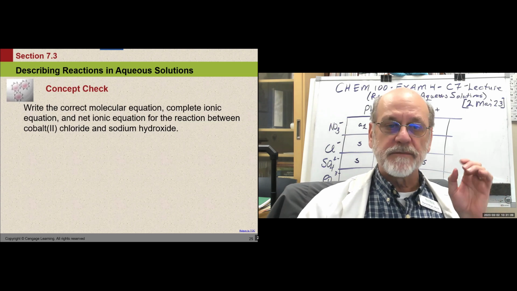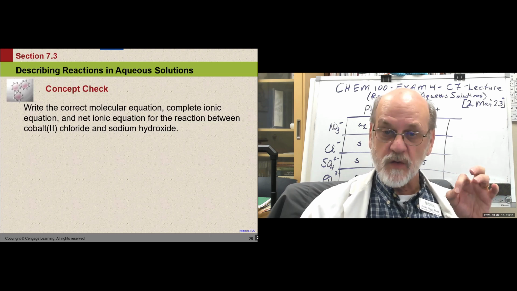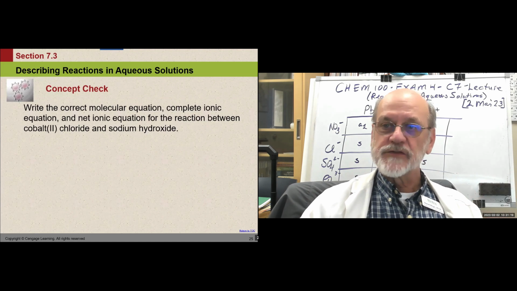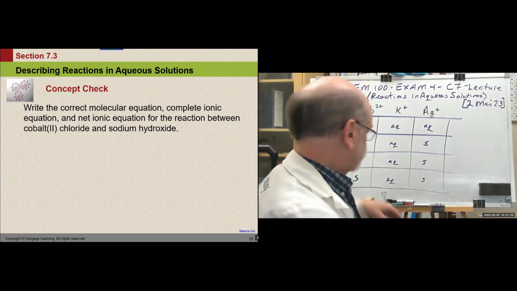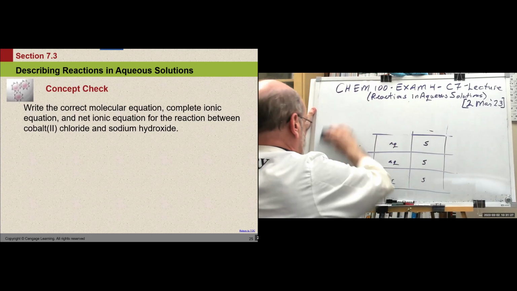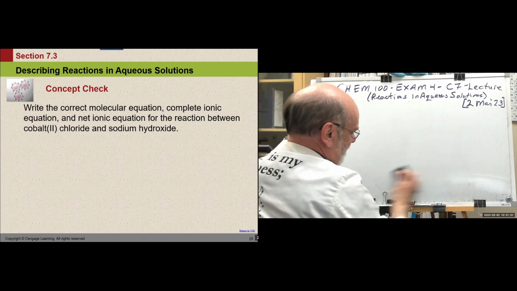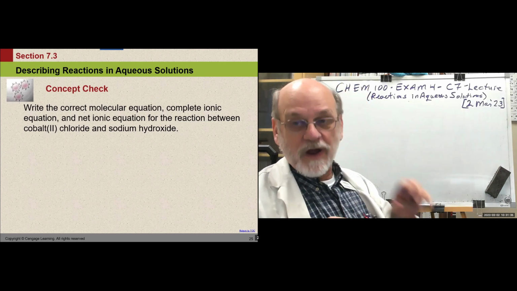This example asks us to write the correct molecular equation, the complete ionic equation, and the net ionic equation for this reaction, cobalt-2 chloride and sodium hydroxide. So first thing you do is erase all the old stuff, and then write the reactants.